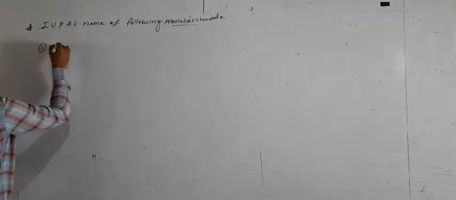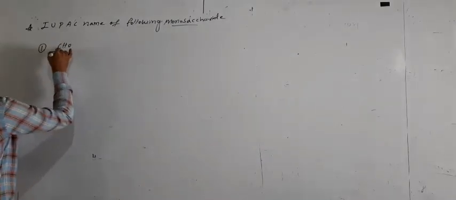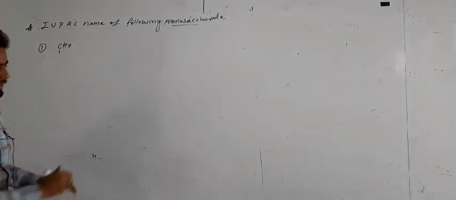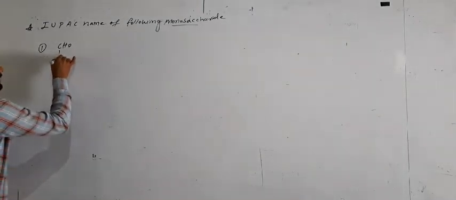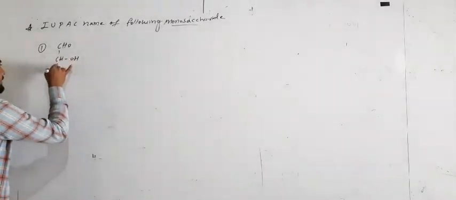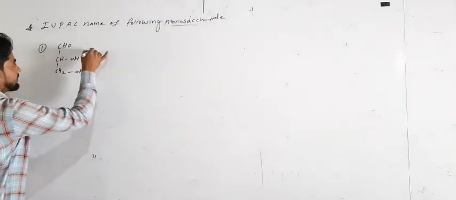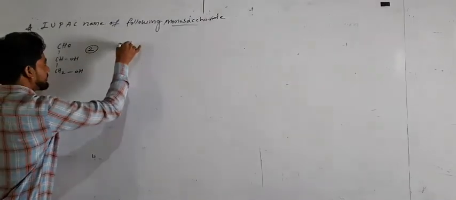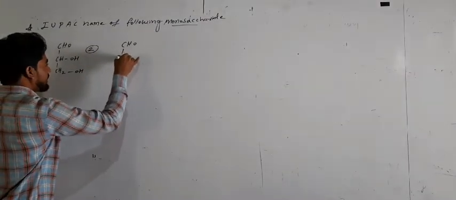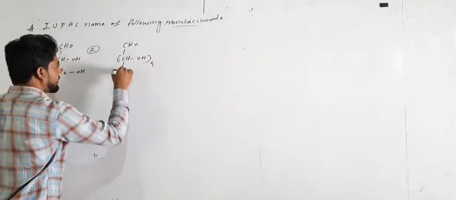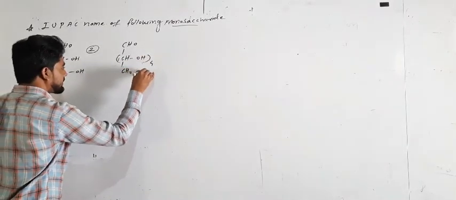First, CHO attached to CHOH and attached to CH2OH. Now the second molecule: CHO attached to CHOH by 4 and then CH2OH.